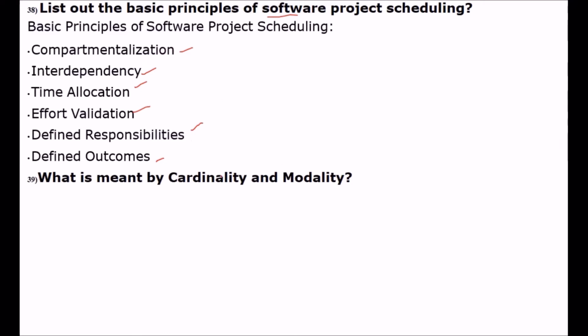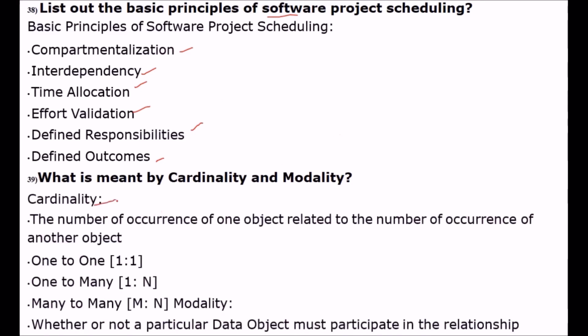What is meant by cardinality and modality? Cardinality, as you have seen in ER diagrams, is the number of occurrences of one object related to the number of occurrences of another object, that is 1 to 1. Let me show you that.